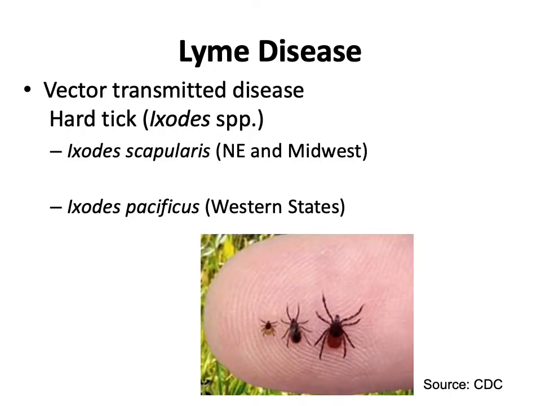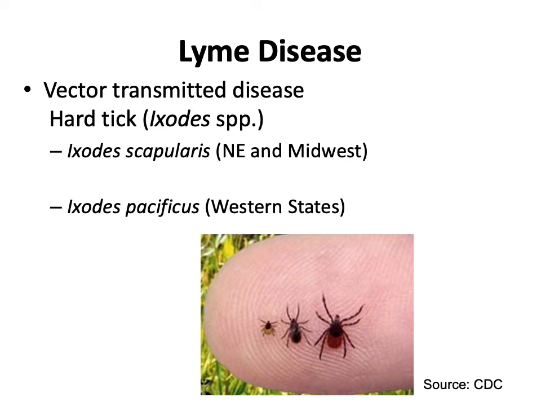Lyme disease is a zoonotic disease because the primary reservoir for the organism is wild animals. The vector for the causative organism is a hard-bodied tick of the Ixodes species. It carries the spirochete that causes the disease.